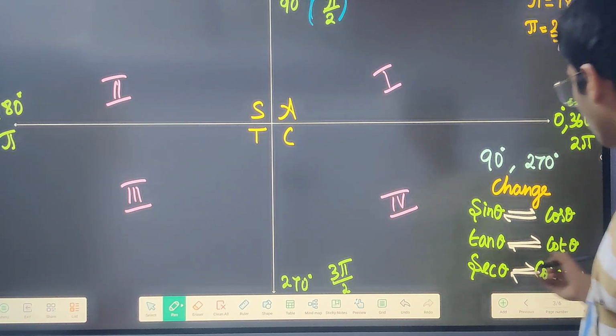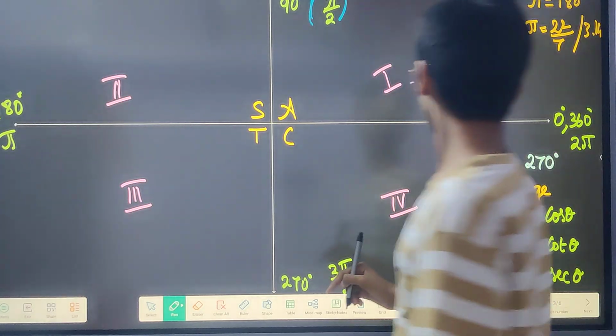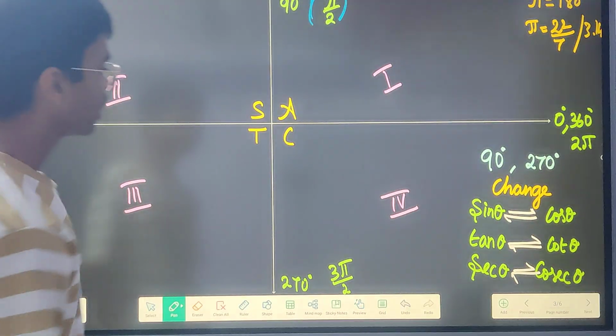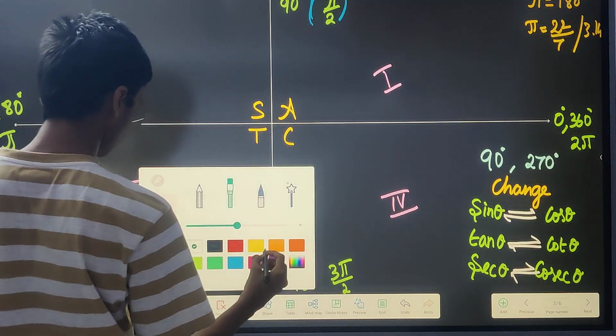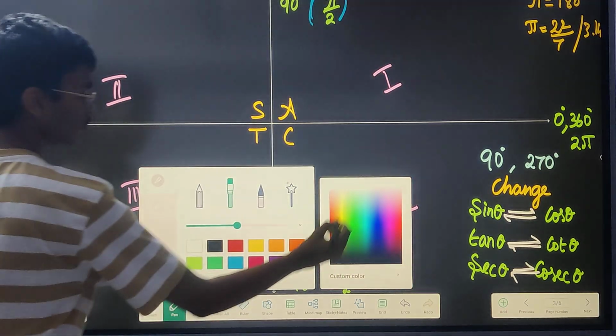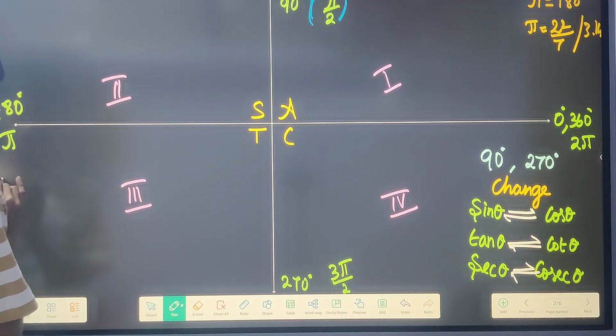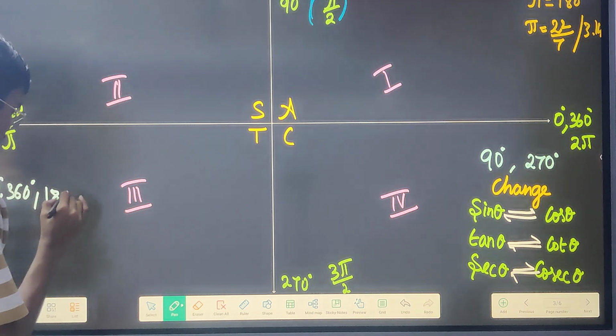So sine will be converted into cos, tan into cot, and sec into cosec in 90 and 270. Then how about other degrees? Other degrees means it can be 0 degrees, 360 degrees, or even 180 degrees.